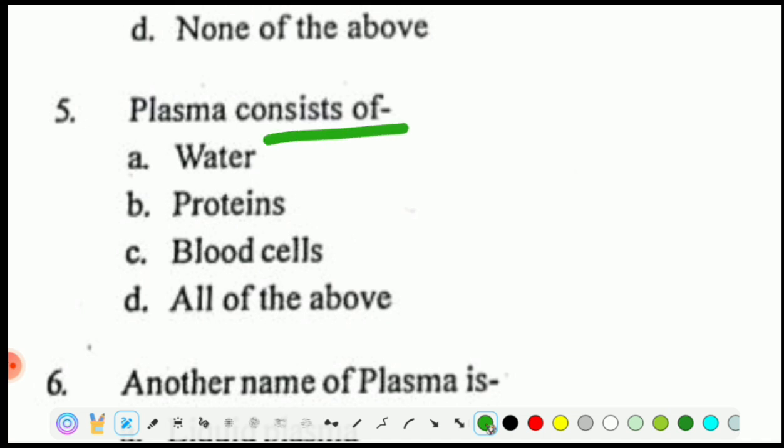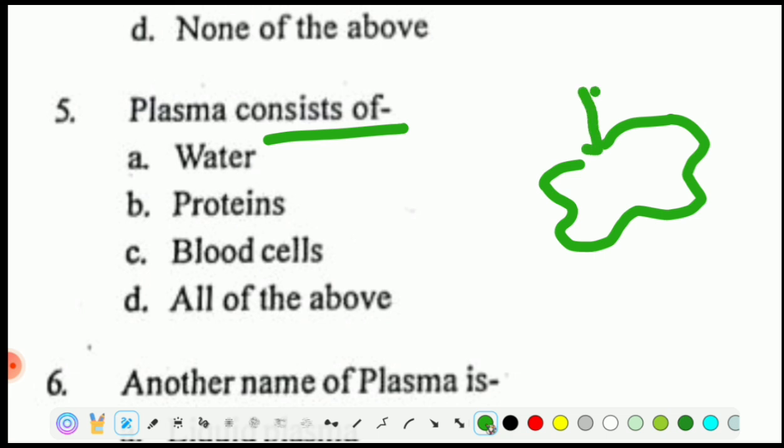Then plasma consists of, plasma is a fluid matrix. For example, this is the plasma, this is the fluid matrix. It will contain water, there would be some antibodies floating, and the blood cells would be floating in this portion as well. There would be protein, carbohydrate, and almost everything.